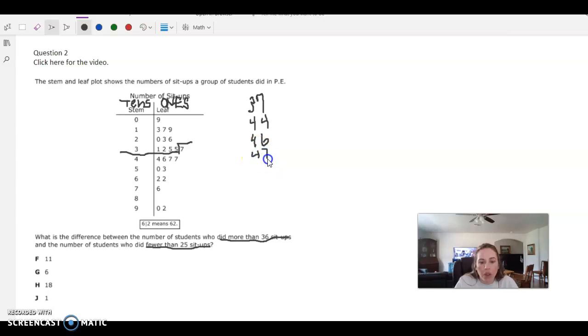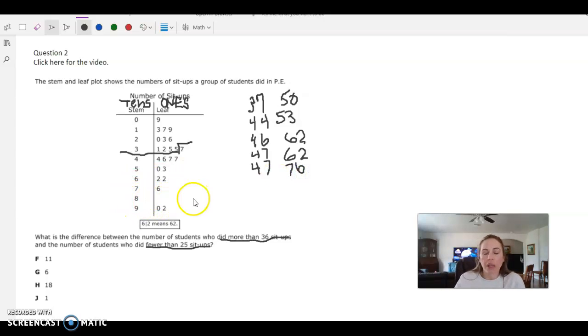So I'm going to count both of those kids, because each number represented is one student. Okay, let's go to the 50s. One did 50. One did 53. 2 did 62, so I'm going to count them twice. One did 76.